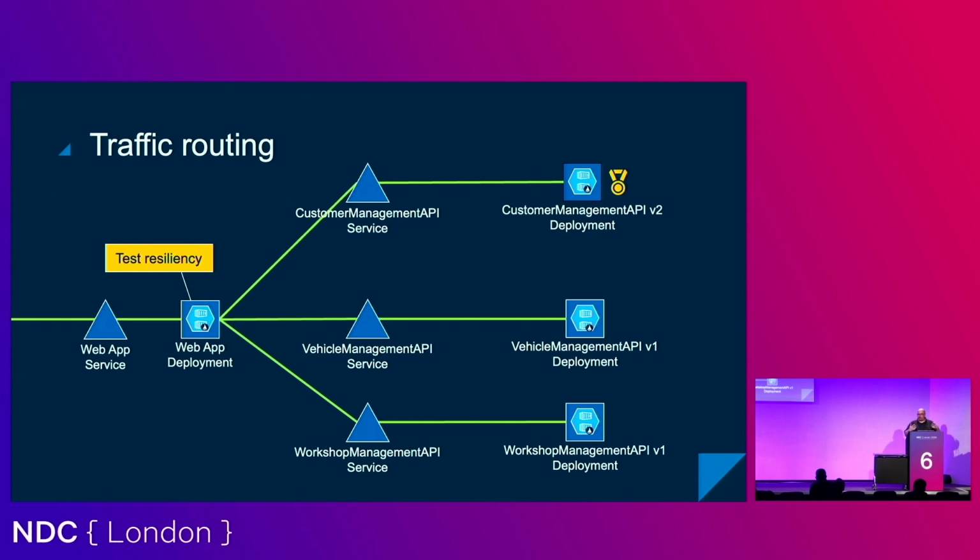Well, this resiliency is built upon the fact that when I do a request to any API, but in this case the vehicle management API, and it fails, then Polly will say, okay, there was a failure, but I will retry. So what I now want to do, using the service mesh, is introduce an HTTP 500 error or something else.